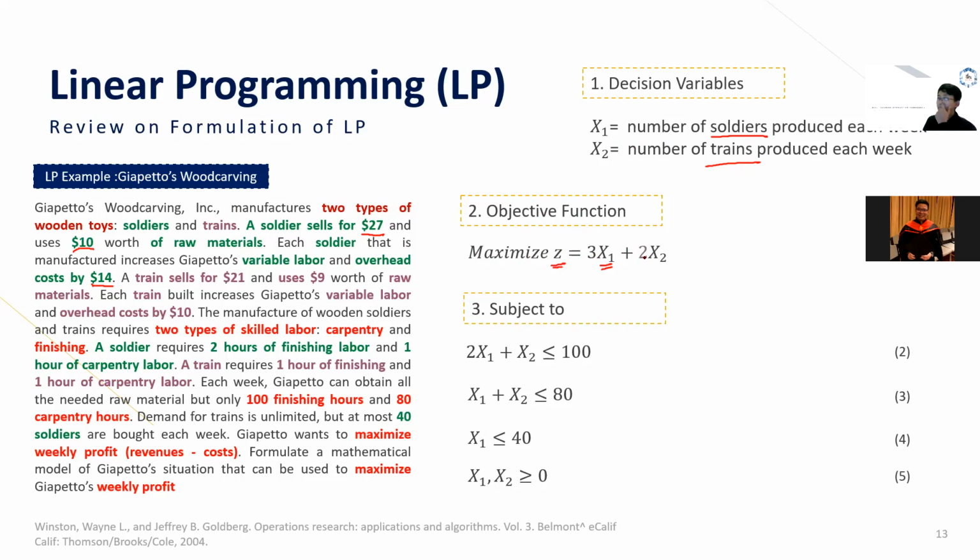Plus, the same way we can calculate the profit of producing trains. A train sells for $21. If you subtract the raw material cost of $9 and the variable labor and overhead cost, totaling $19 in all, you end up with $2, multiplied by x2.